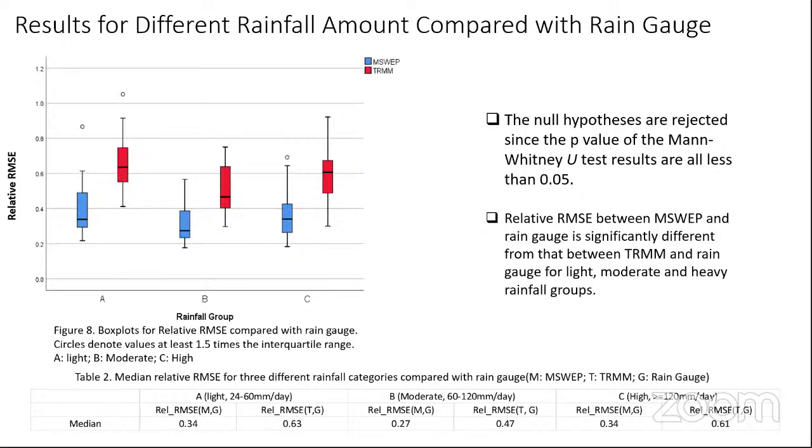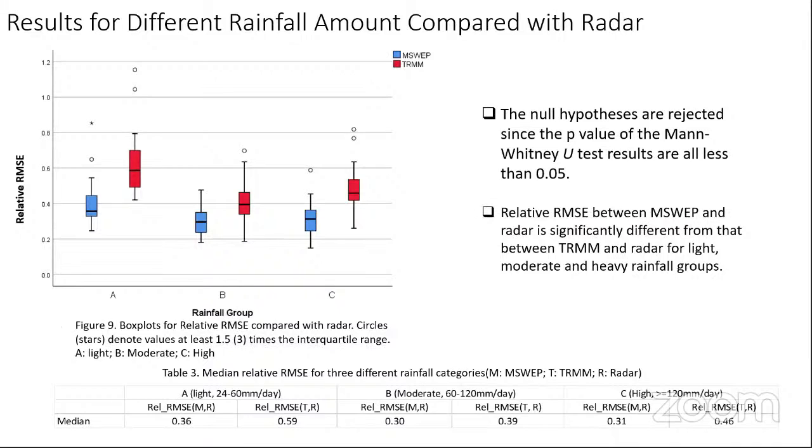From the box plot, we can see the relative root mean square error between MSWEP and the rain gauge is much smaller than that between the TRMM and the rain gauge for all 3 categories. Similarly, we got an identical conclusion when compared with the radar as well.